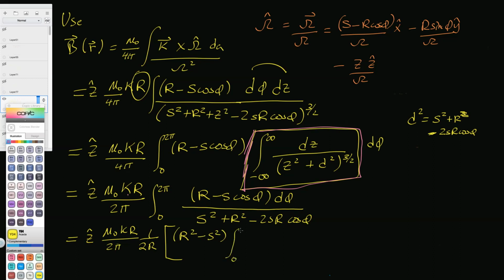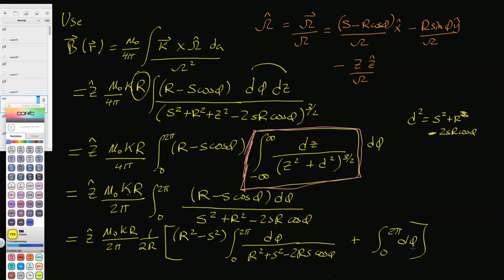And so we have two terms here. This term, which would just be d phi over r squared plus s squared minus 2rs cosine phi. That was our original thing. And then plus just a term that looks like this, 0 to 2 pi d phi.